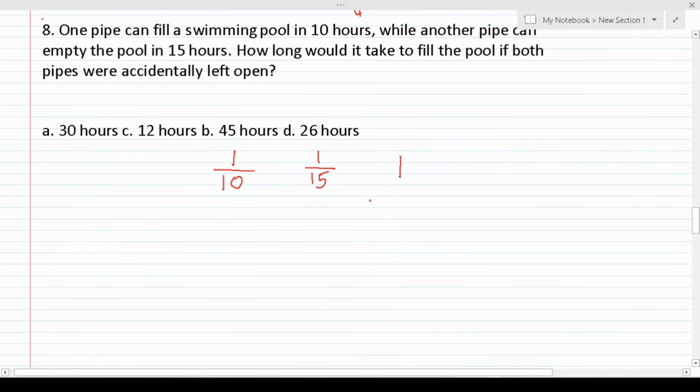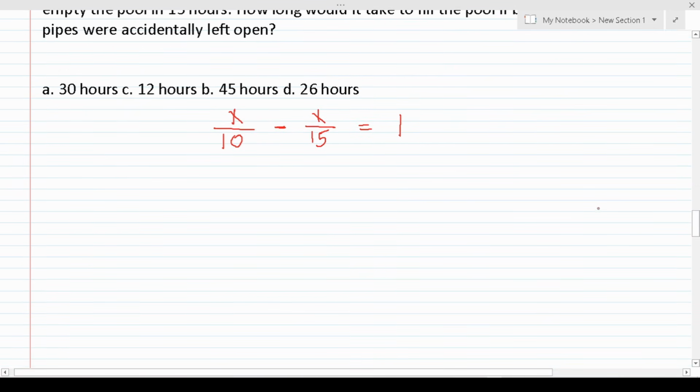So we're going to do 1 over 10 minus 1 over 15 equals 1, and instead of 1 in the numerator, I'm going to replace that with x, which refers to the amount of time it takes to fill the swimming pool if both pipes are left open. Now this is just a matter of solving a problem involving fractions, which isn't that difficult.